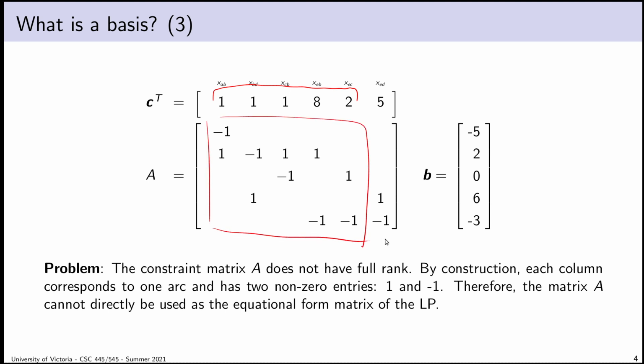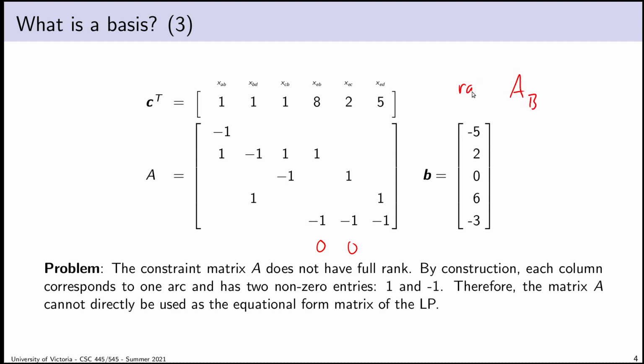If I pull out this basis matrix, observe that because the sum of each column in the original matrix equals 0, and because my basis matrix is taken by simply pulling out entire columns all at once, then inside any basis matrix that I form, no matter which columns I use, every column will sum to 0. So the rows of my basis matrix will always sum to 0. That means that the rank of my matrix AB is not equal to M. AB will be an M by M matrix, and it won't have full rank. That means that it won't be invertible.